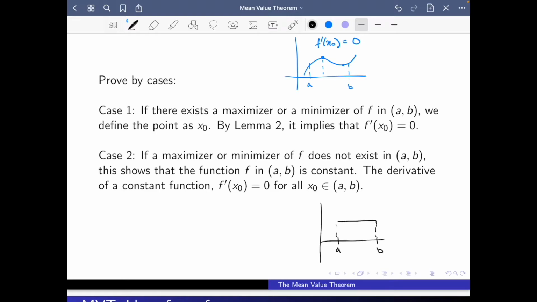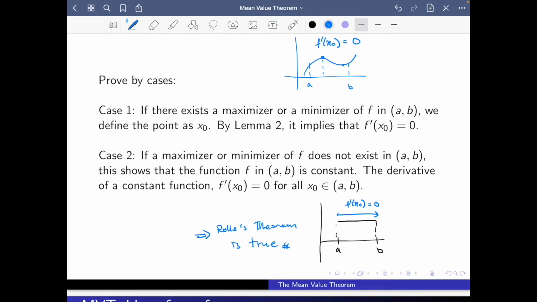The flat graph also has a derivative of 0. Every point in between has f'(x) equal to 0. So it proves the case. With or without, both cases cover all continuous and differentiable functions on (a, b). So this shows Rolle's theorem is true.